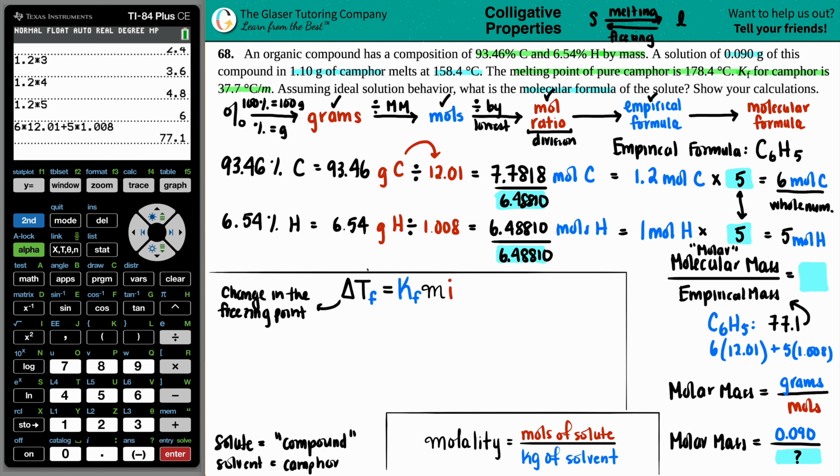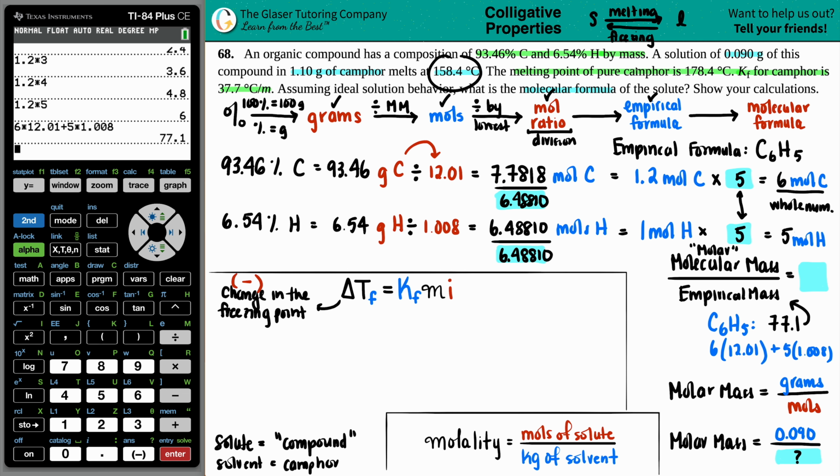And now I can start using my formula. Now, the pure melting point or the freezing point, because they're opposites, is 178.4. But now we know that this solution melted at 158.4. We want to find that change. And whenever you want to find a change, that's always going to be subtraction. Delta TF is always going to be a positive value.